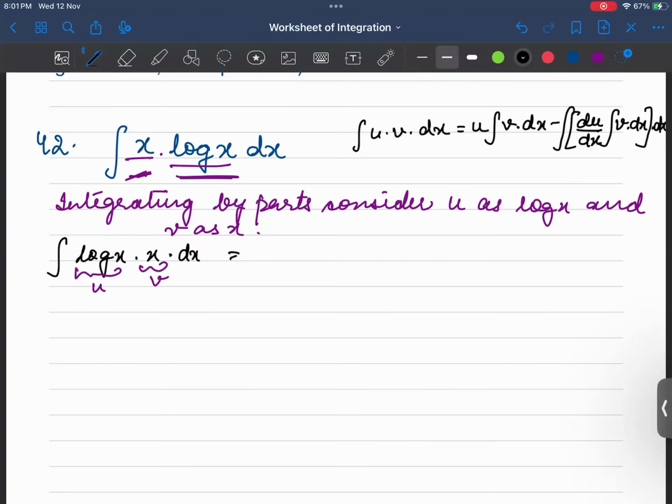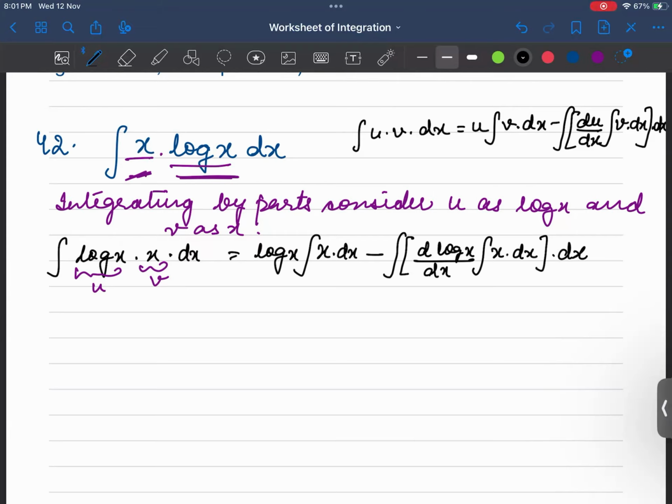So I can say u as it is, meaning log x, times the integral of the second function, x dx, minus the integral of du/dx, where u is my first function, log x, so d(log x)/dx, times the integral of my second function as it is, and I will close it, and it would be dx. I think it's clear. Now we know I will simply write log x as it is.